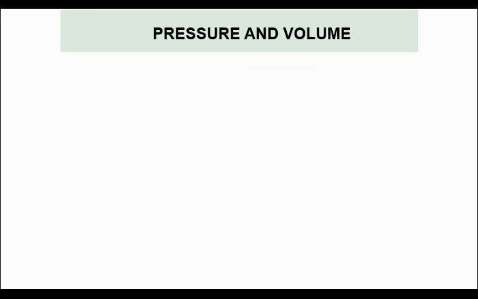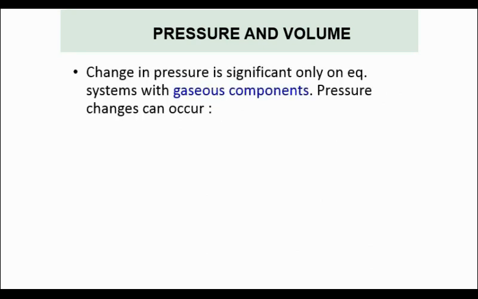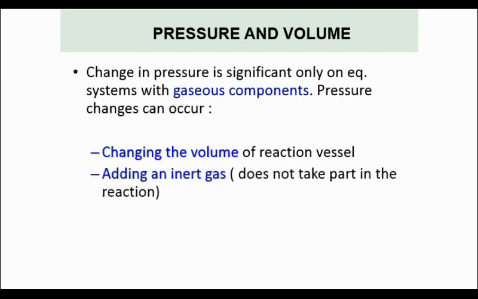For a system with gaseous components, changing the pressure is possible in two ways: changing the volume of the reaction vessel, and adding an inert gas to the reaction vessel.